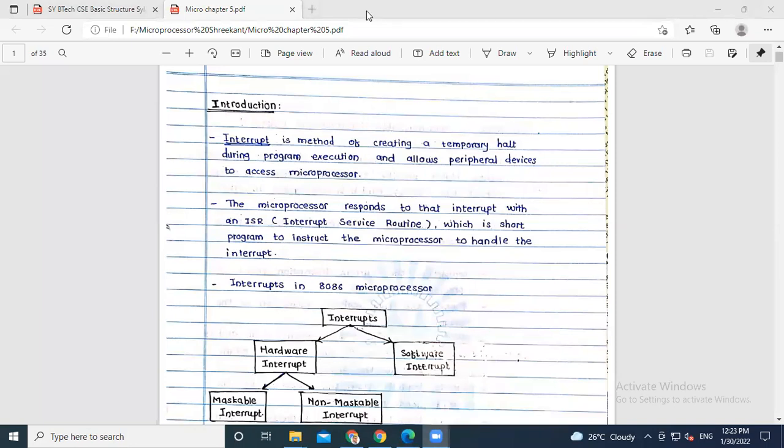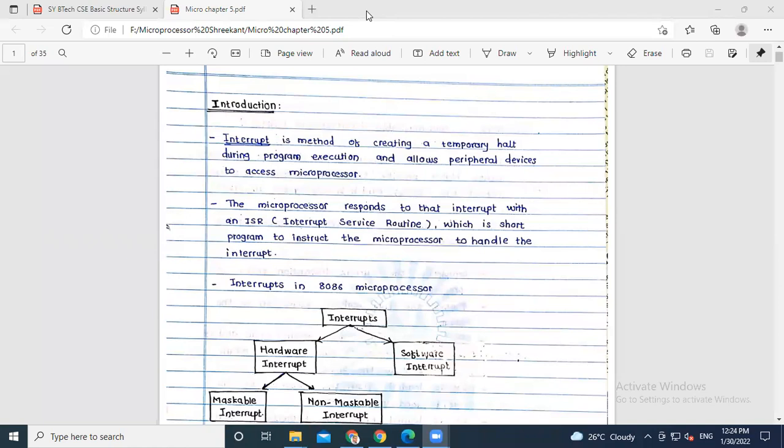So here, at first, we will come to know the definition of interrupts. In unit number 5, what is an interrupt? Interrupts are generally abnormalities that happen during the execution of a program. Here I have clearly given two definitions. First, an interrupt is a method for creating a temporary halt during program execution and allows peripheral devices to access the microprocessor.